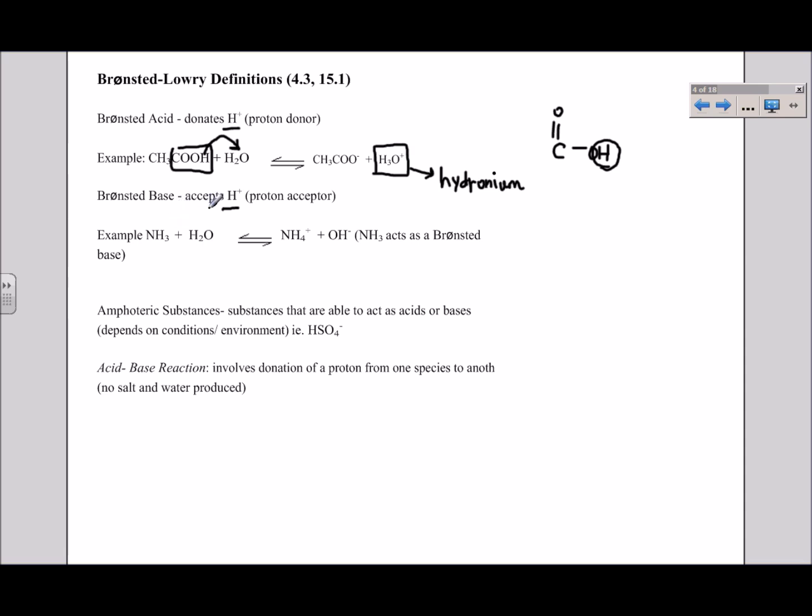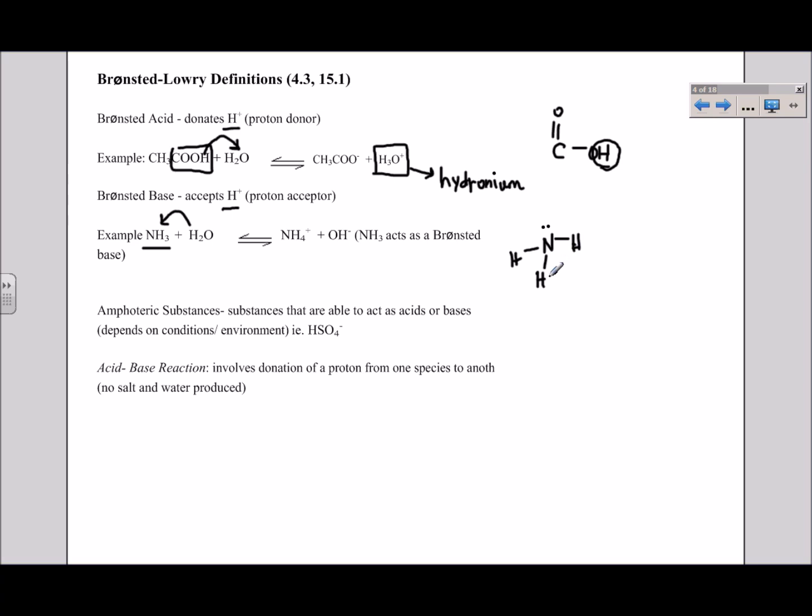Bronsted bases are substances that accept protons. So let's look at the base that didn't fit the Arrhenius definition, NH3. So NH3 has the ability to accept a proton from water. NH3 we can draw, it's pyramidal, and this is ammonia.